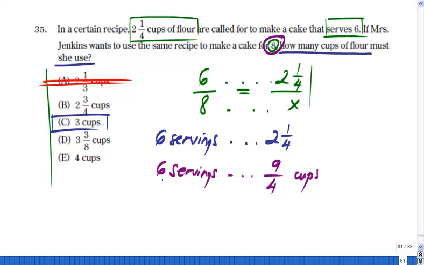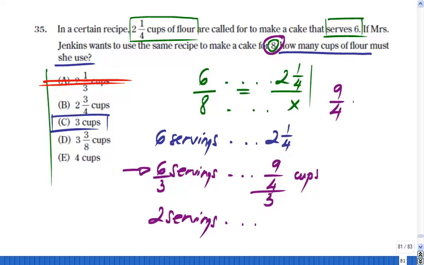Because I'm looking for 8, I will start from the 6 and try to find how many cups I need for 2 servings. So I'm going to divide everything by 3. 6 divided by 3 gives me 2 servings. For 2 servings, I need 9/4 divided by 3.